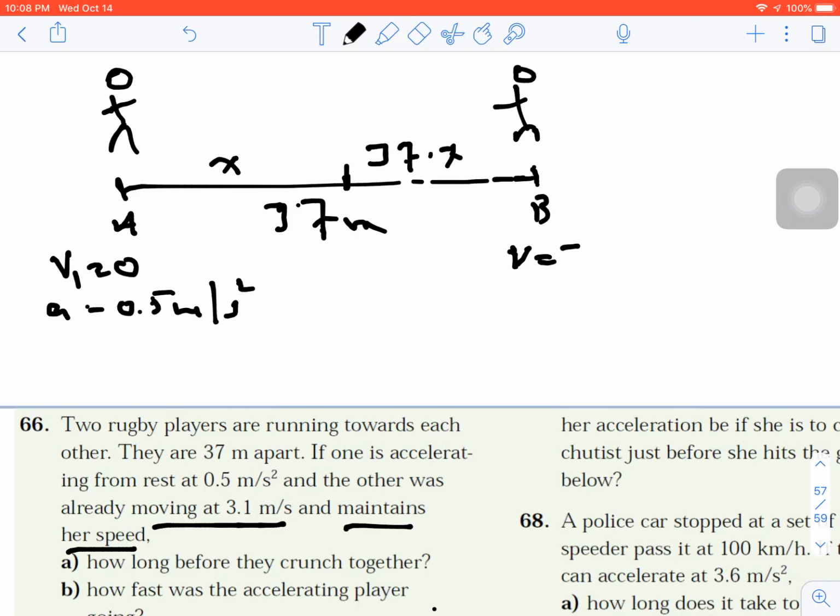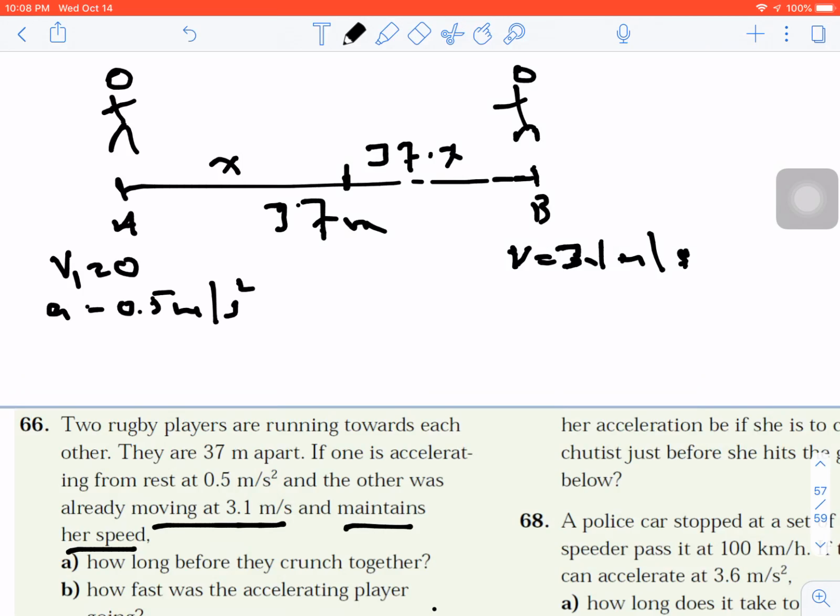So she's moving at 3.1 meters per second.